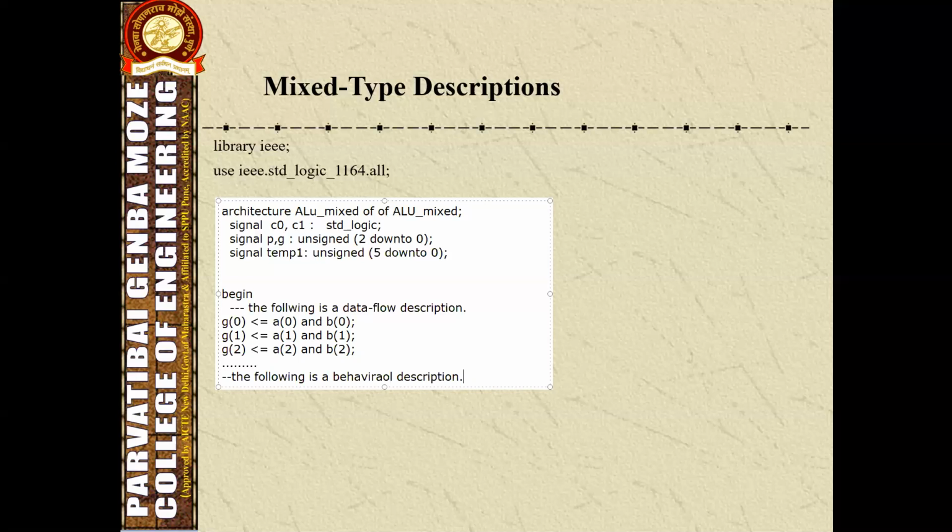How are we going to begin the behavioral description? It begins with the predefined word process. Process, with A, B, C in, OPC and temp. These are the information about the input and output terminals that we have in our architecture.